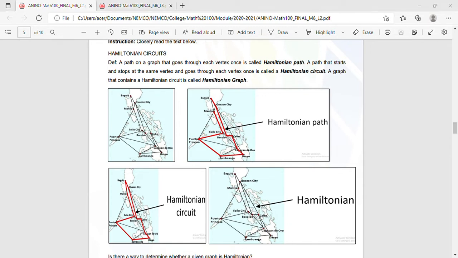We call it a Hamiltonian path. For example, we started in Baguio, and then we passed through Bacolod, Cebu, Cagayan, Davao, Zamboanga, Puerto Princesa, Iloilo City, and then Manila.